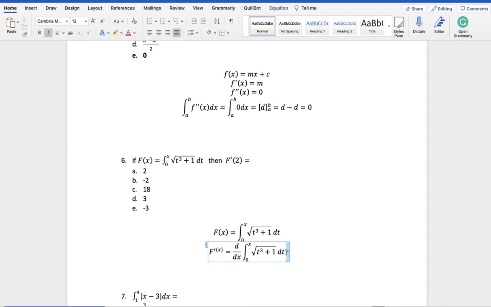So the derivative of the integral. And remember, the derivative of the integral is just the function that is being integrated. So the derivative of this integral is just equal to that.